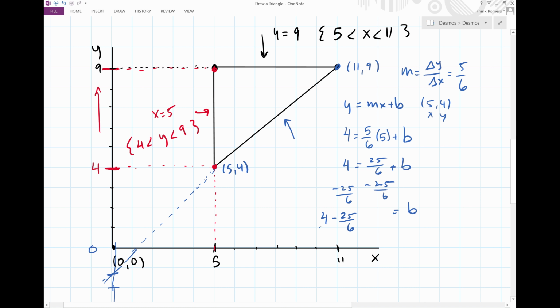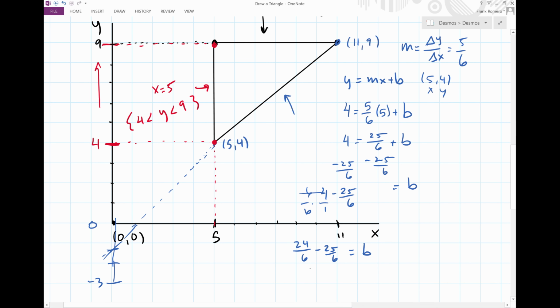Okay, remember, the same denominator, 24 over 6 minus 25 over 6 equals b. Wow, that's going to be -1 over 6 equals b. So my skills in drawing a line weren't that great.